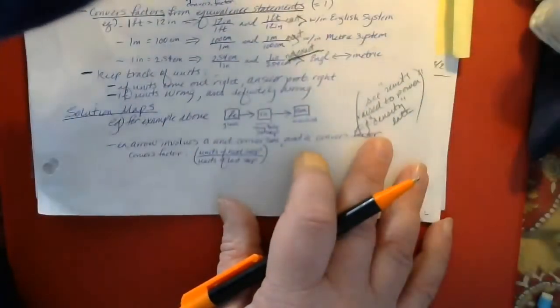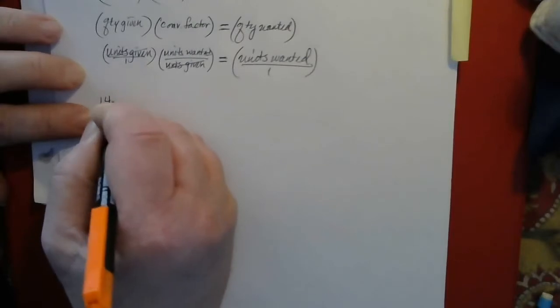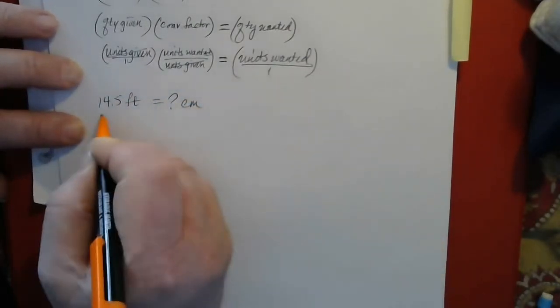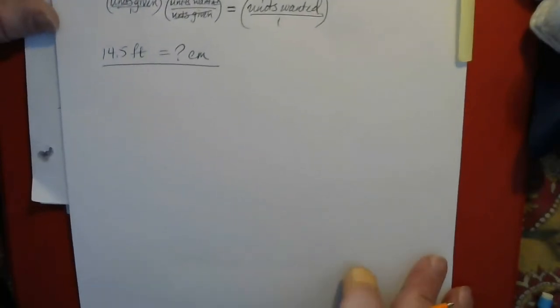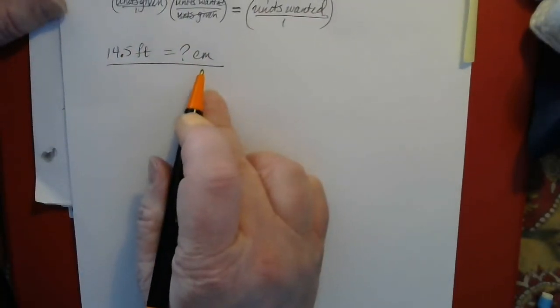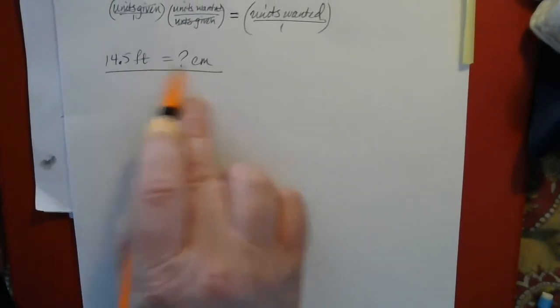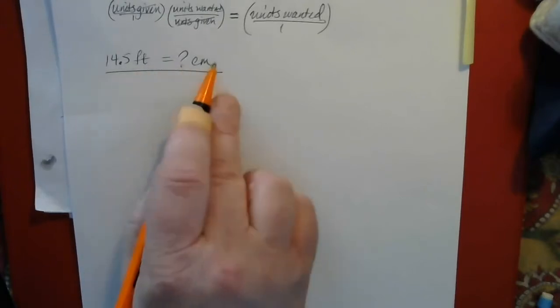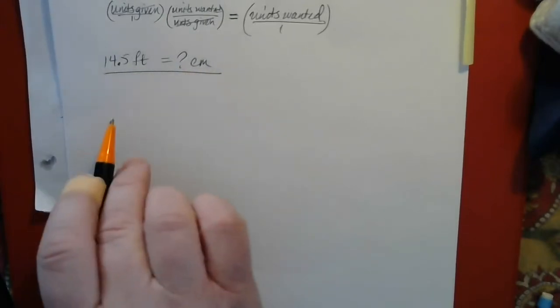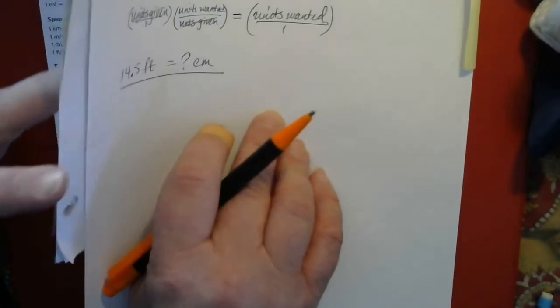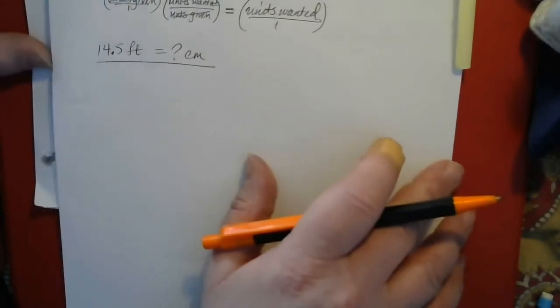where did my sheet go? There it is. If I wanted to know 14.5 feet would be equivalent to how many centimeters? Now, if you have the conversion factor between feet and centimeters, you could do that in one step. And I have a feeling that our conversion factor sheet that I posted on D2L has that conversion factor in it.